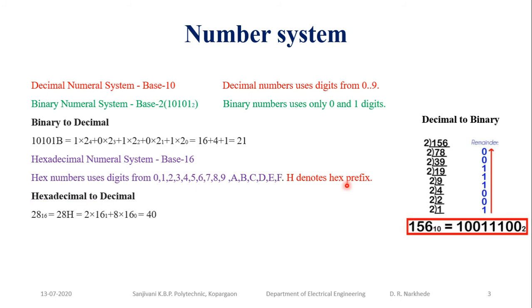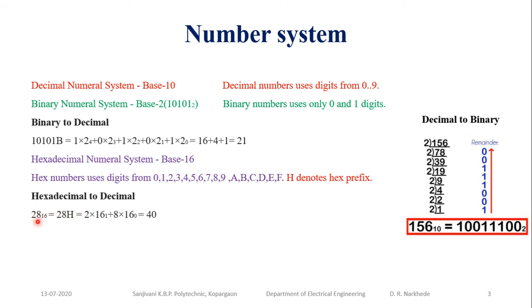So now, hexadecimal to decimal. If you want to convert any number to another number, binary to decimal or hexadecimal to decimal, you need to multiply by that base. The hexadecimal base is 16. Say I want to convert 28 hexadecimal into decimal.